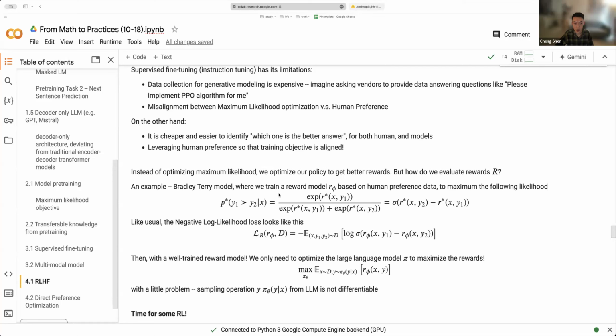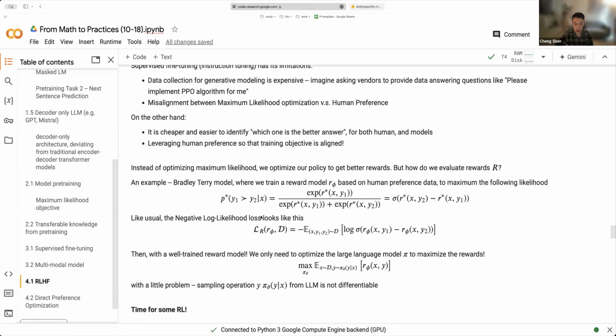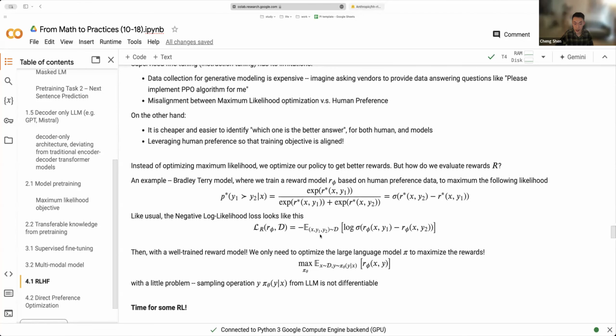So here we can have a reward model. The reward model tells us, given the prompt X, how much reward we can get by answering with Y1, and how much reward we can get by answering with Y2. And with this maximum likelihood method, we can first train the reward model.